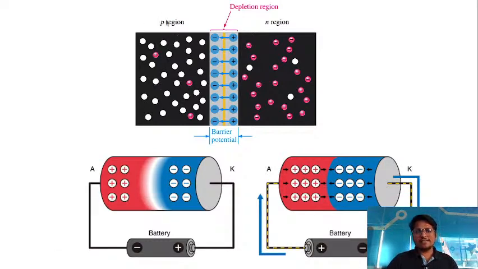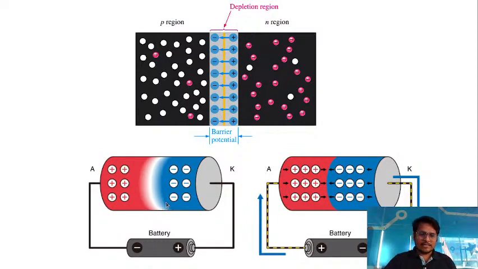In the P region, the majority carriers will be holes. In the N region, the majority carriers will be electrons. Here you can see the minus signs are electrons and the white circles are holes. If you connect positive to the P side and negative to the N side, as you have seen, positive connected to the positive of the battery and negative connected to the negative end of the battery, this is called forward bias, and in this situation current flows.